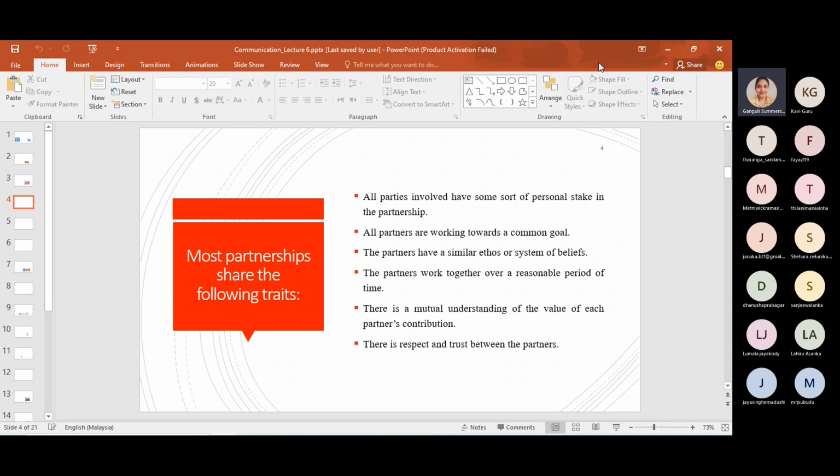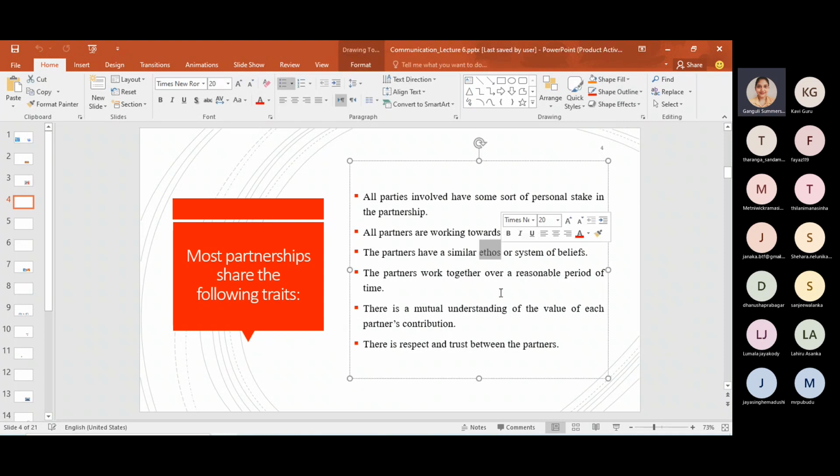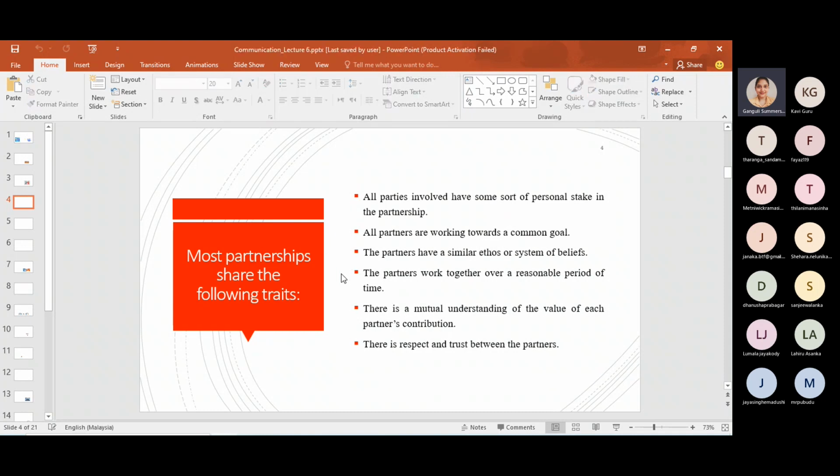The third characteristic is that the partners have a similar ethos or system of beliefs. Ethos means attitudes. I think you can see the word ethos over here.